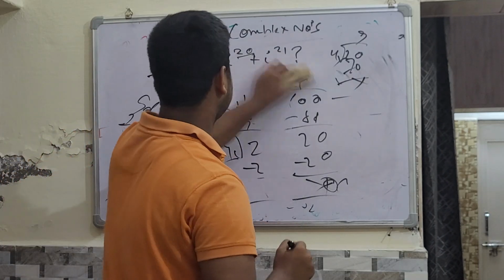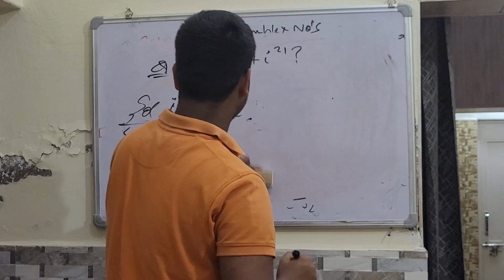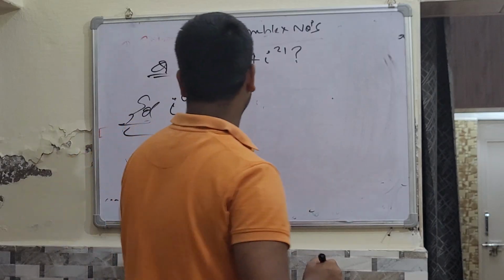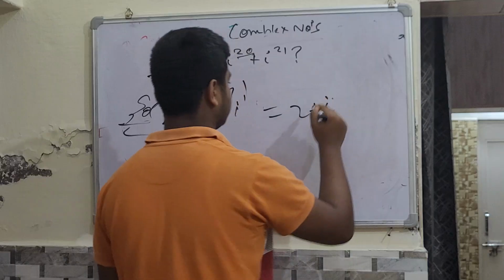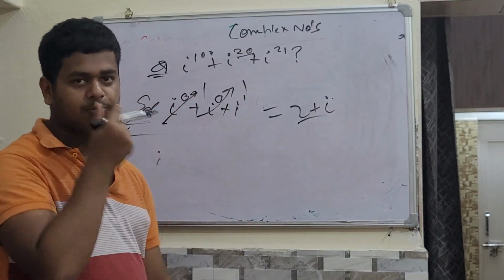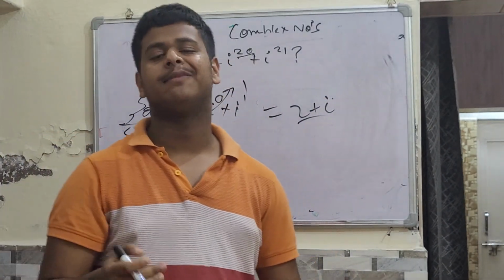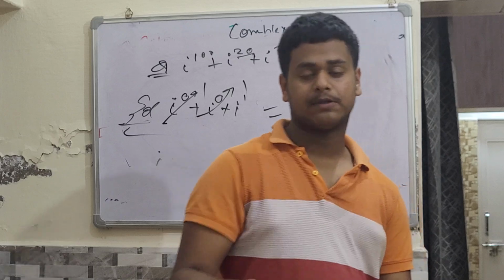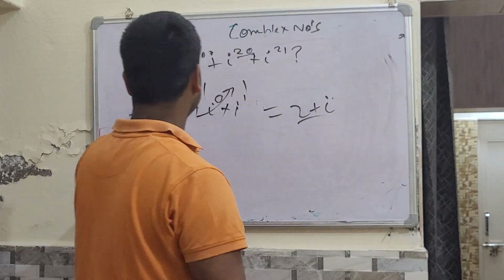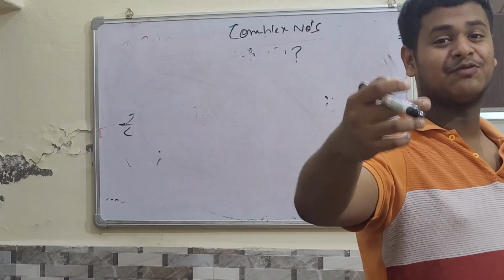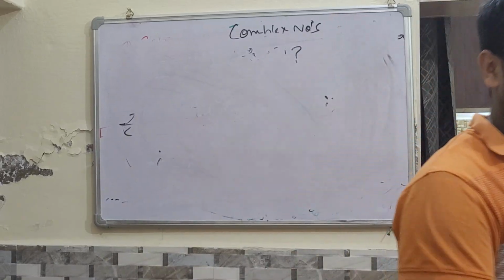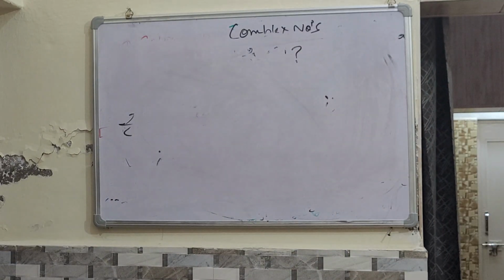So it's 1 plus 1 plus i, the answer is 2 plus i. I hope you understand it. I am teaching fast because it's the basics, and everybody knows the basics. Don't come in my class if you don't know the basics of these concepts. So I'll start with some high-level questions.